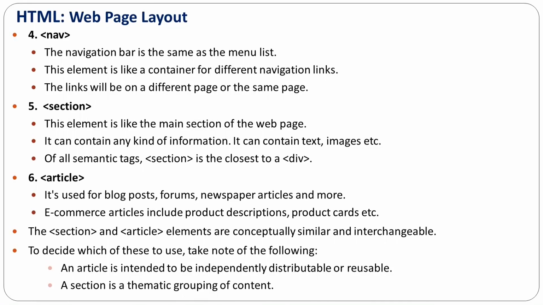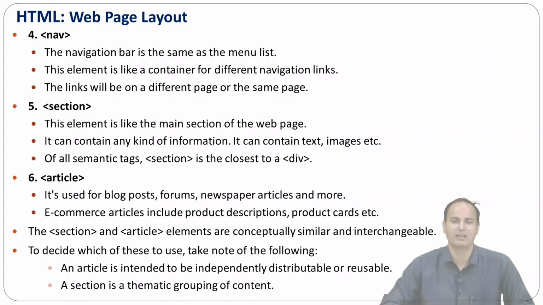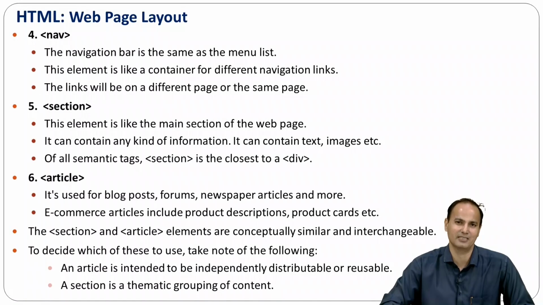Then we have the article tag. It is used for blogs, forums, newspaper articles and more. E-commerce articles include product descriptions, product cards, etc. using the article elements. The section and article elements are conceptually similar and used interchangeably.